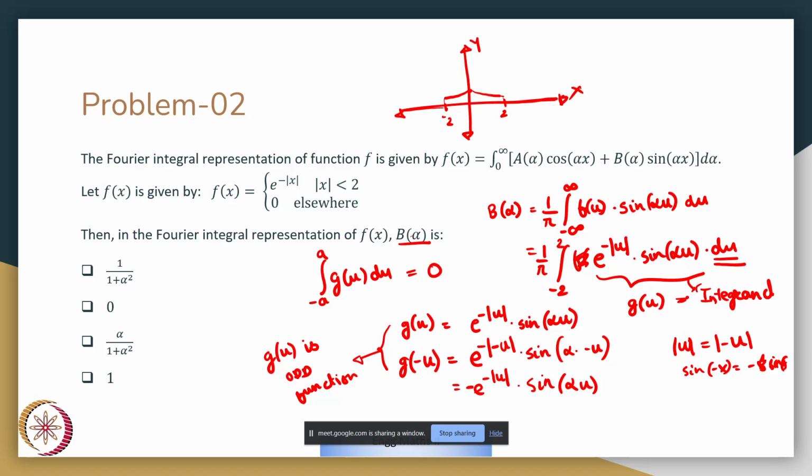In our case, this integrand function turns out to be an odd function, which has the property that if it's integrated on an interval which is symmetric about the origin, then it should vanish, which basically gives us that b of alpha should go to 0. So option B.